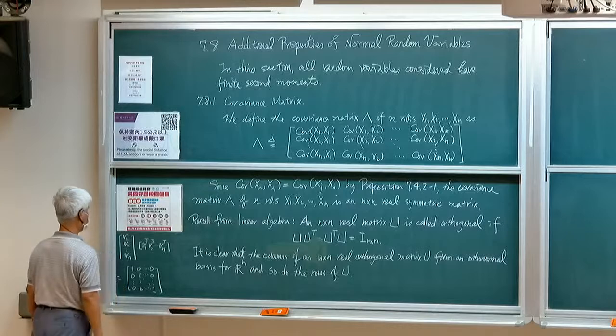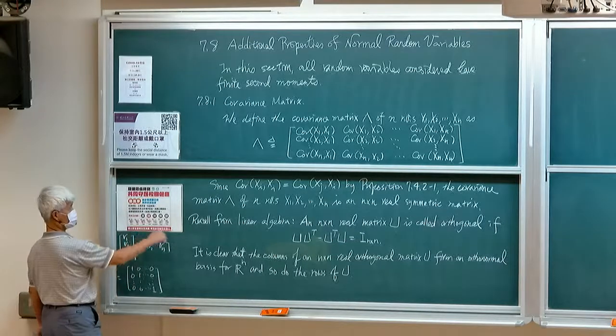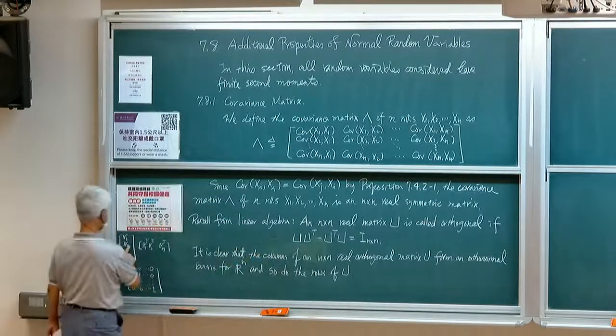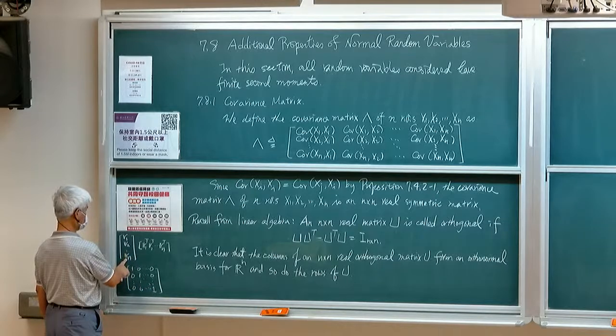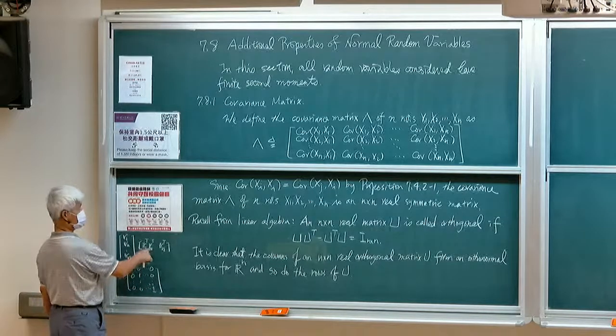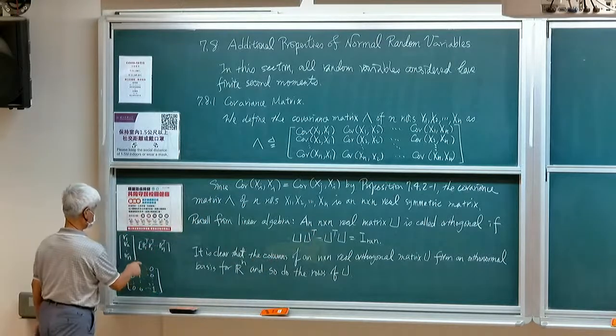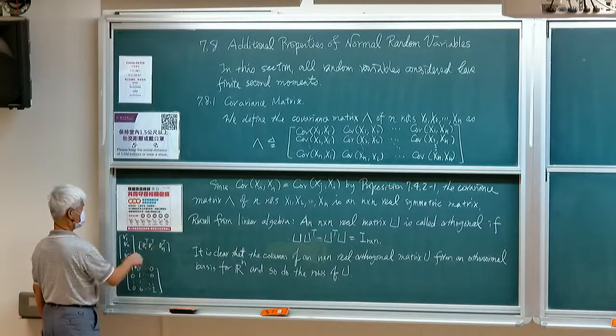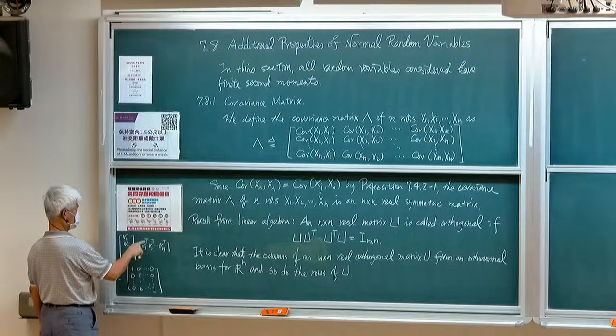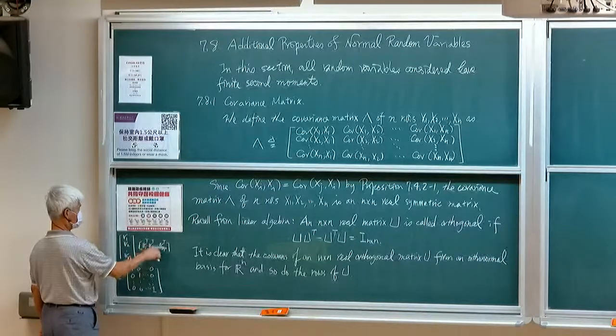This is the first row of U, the second row of U, up to the last row.